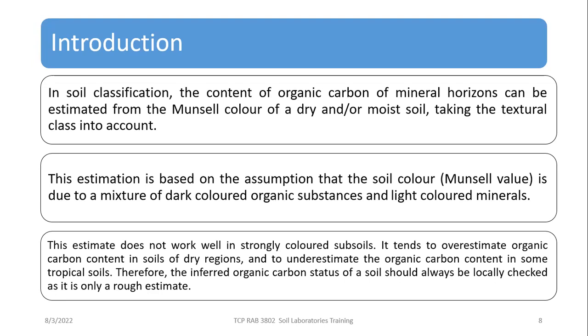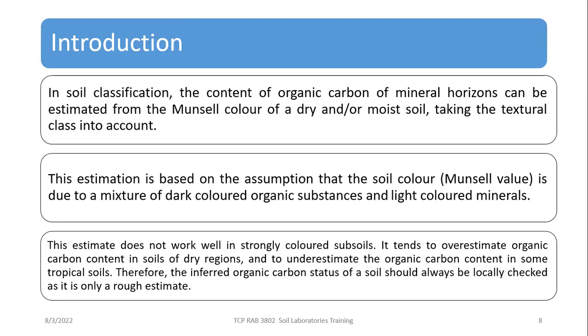You know that the Munsell color is a color chart to identify the color of the soil, and normally it consists of three parameters: hue, value, and chroma.